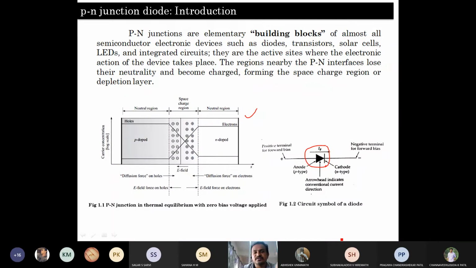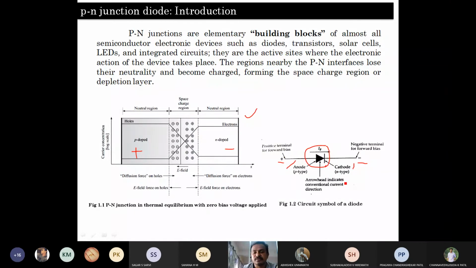Generally, we call those terminals the positive terminal and the negative terminal. The positive terminal is the P-type semiconductor material, so we call this one plus, and the N-type semiconductor material is considered the negative terminal. These are the general names, positive and negative, but the technical names for the terminals are anode and cathode.